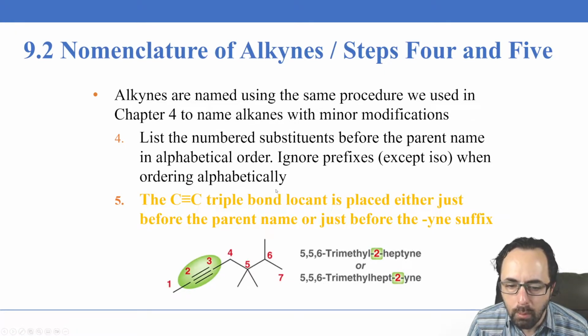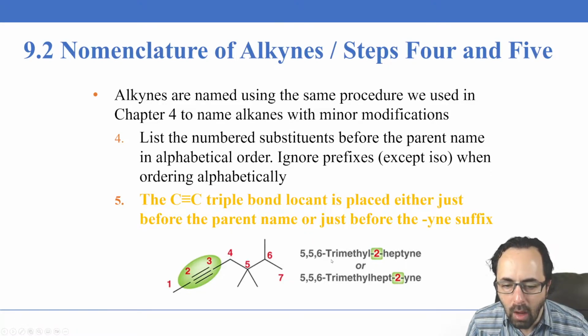There's only one type, it's methyl. So we say trimethyl. And since we're numbering from left to right, 2 of these methyls are going to be on the 5th carbon, 1 is going to be on the 6th. So we say 5,5,6-trimethyl, and then 2-heptyne because the triple bond starts on the 2nd carbon.